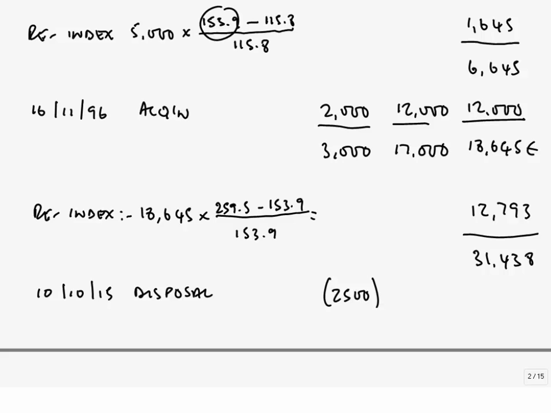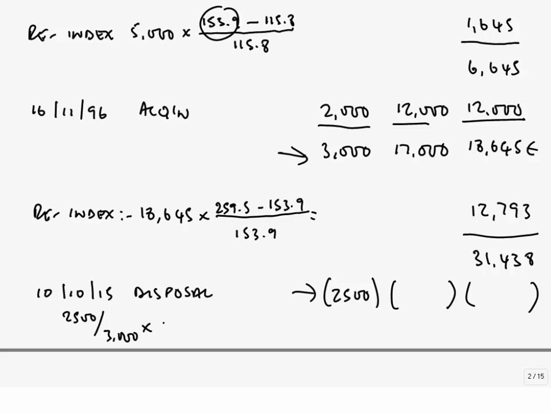It's a pool. Therefore, we now need to take out on a pool and average basis what will be the amount of cost attributable to those 2,500 shares, and what will be the amount of index cost attributable to those self-same 2,500 shares here. So we are getting rid of 2,500 out of the 3,000 shares in the pool.